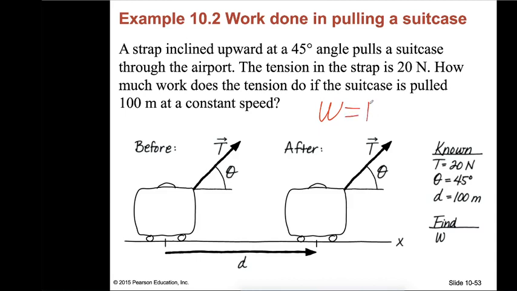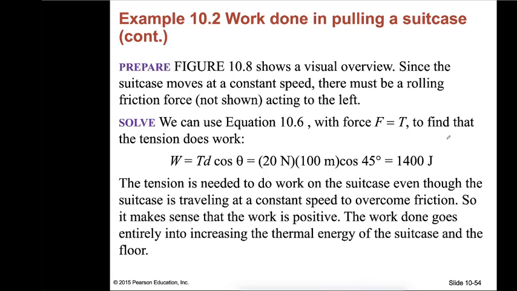Work equals F d cosine theta. What is F? F is 20. What is d? d is 100 meters. What is theta? 45 degrees. You just put all the numbers into the equation and you will find the answer. It's very easy.